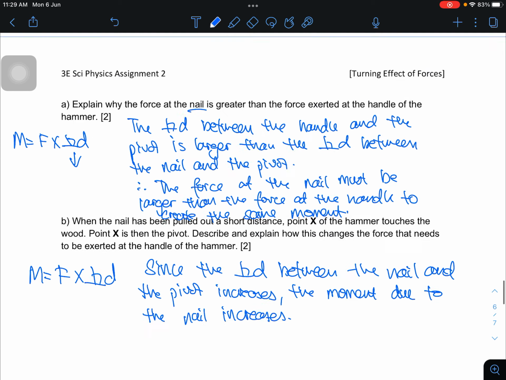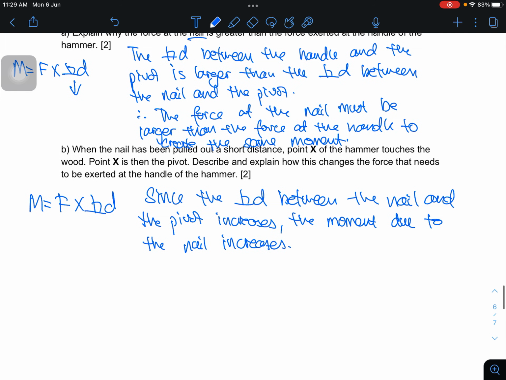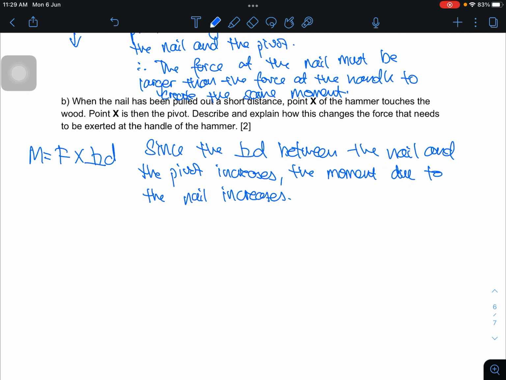So the moment increased already. So the moment needed to pull the nail out is now increased. So if I need a larger moment to overcome the nail, and my perpendicular distance remains the same for the force, it means that I need a larger force.